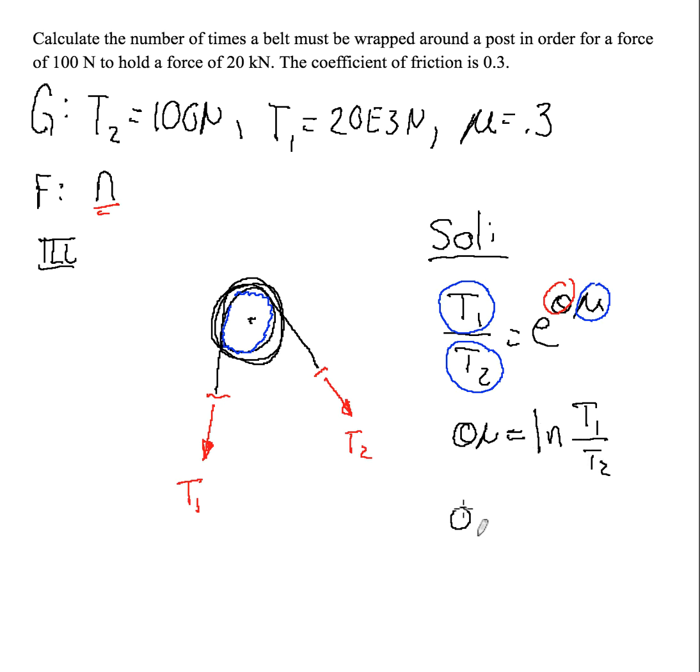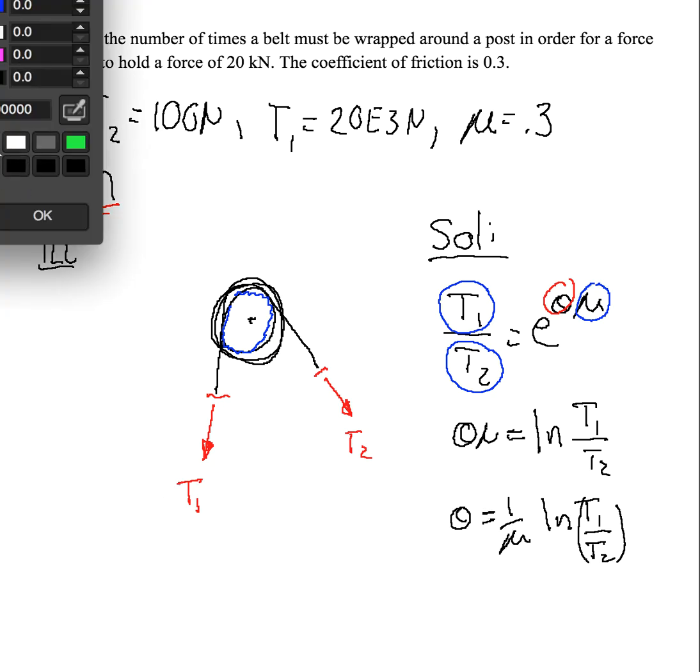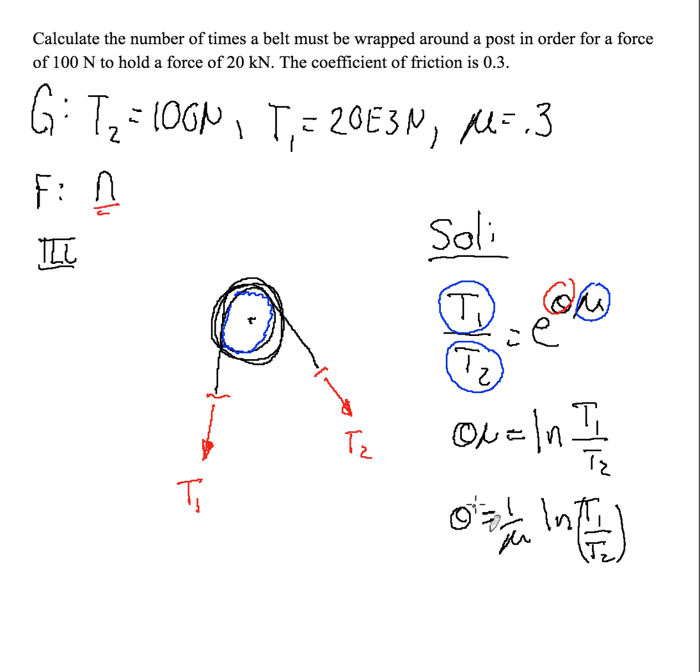So theta now is equal to 1 over mu times ln of T1 over T2. Once we know that, our theta becomes known.